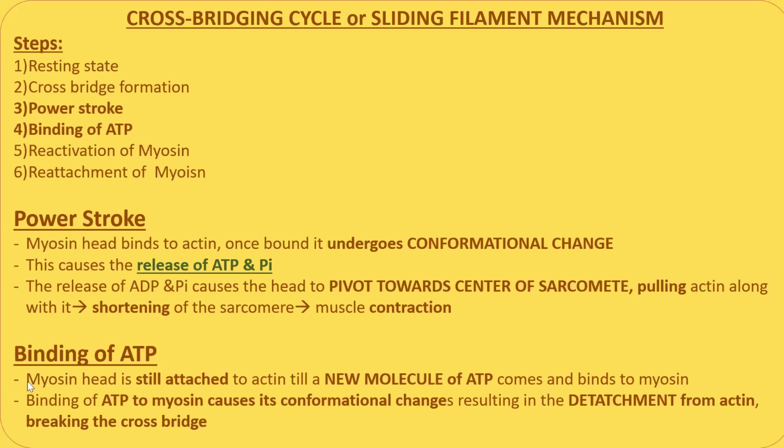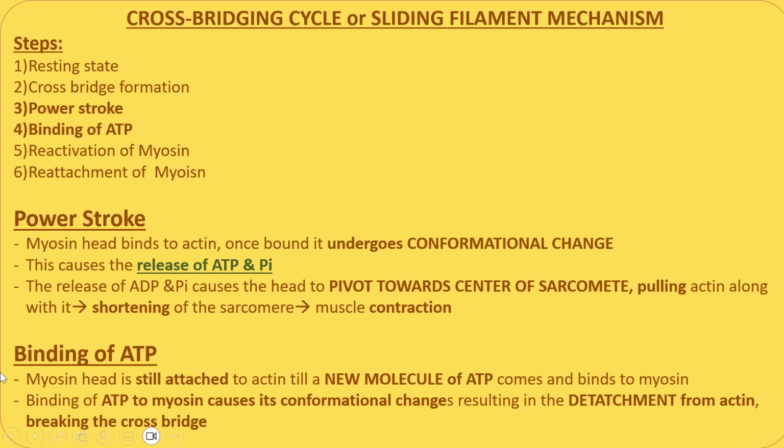Another ATP will come, cause conformational changes, and I will get dissociated or detached from the actin. Okay, so again, myosin can bind to actin, causing a power stroke. ADP and inorganic phosphate will leave, and then another ATP molecule will come, causing conformational change, and now I get detached from the actin. Another power stroke. This is the idea.